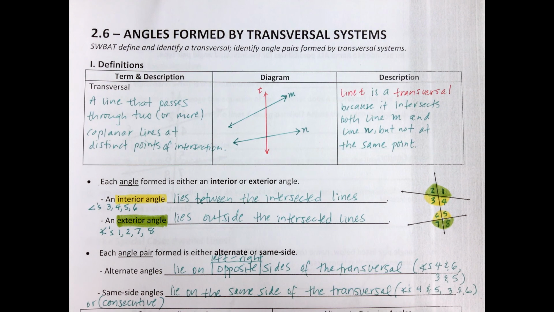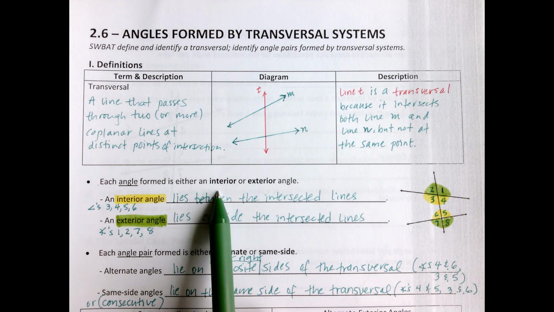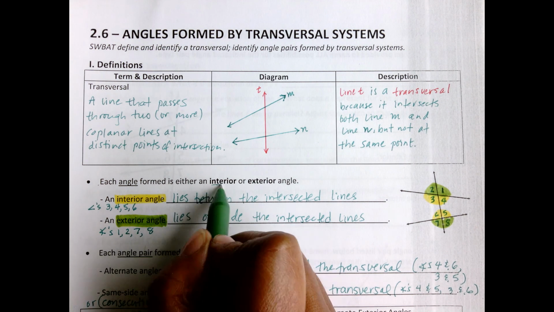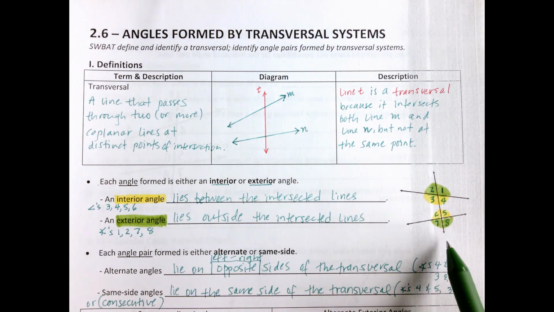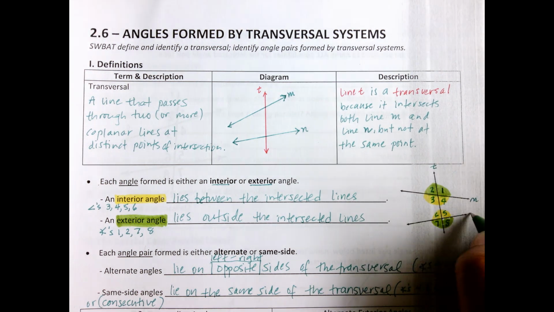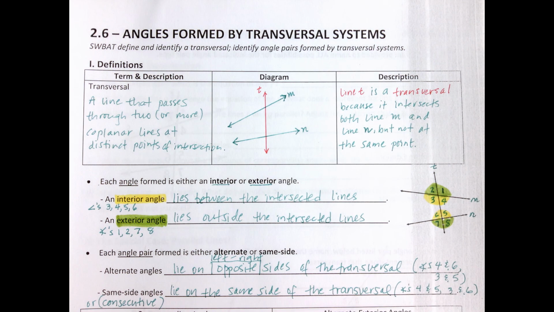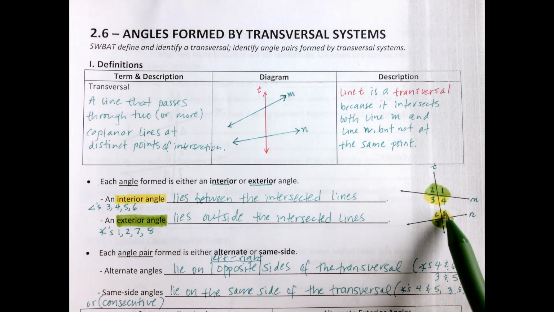All right, so each angle that is formed is either an interior or an exterior angle. So let's take a look at the little diagram here. We have our transversal T, and then we have lines M and N. Now, of course, we have 1, 2, 3, 4, 5, 6, 7, 8 different angles that are made. 4 of those angles are considered interior.